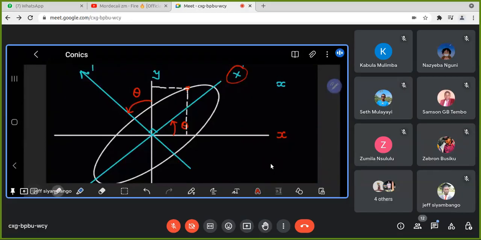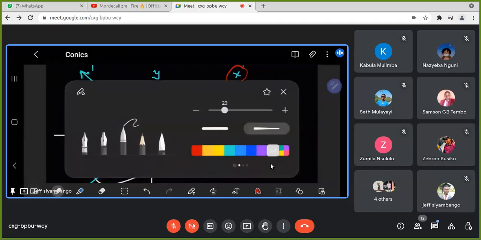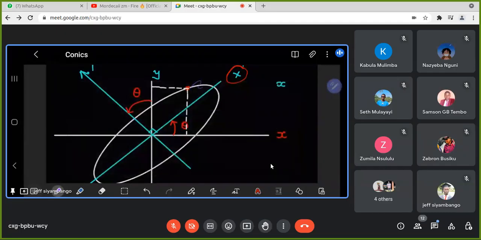Now, this is if you looked at it in the old coordinate system. But what if you looked at it in the new coordinate system? In the new coordinate system, the x-coordinate would be something here, and the new y-coordinate would have to be somewhere here.